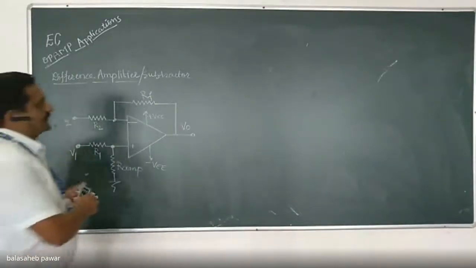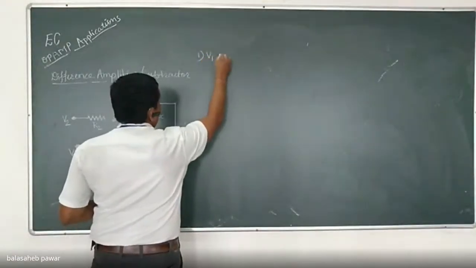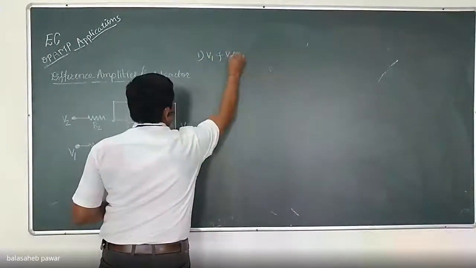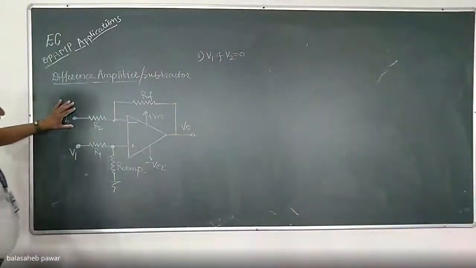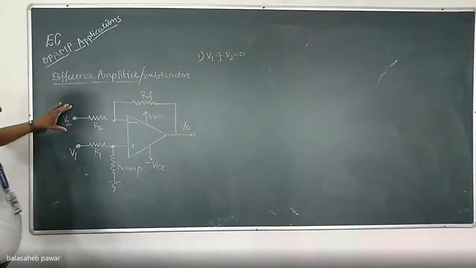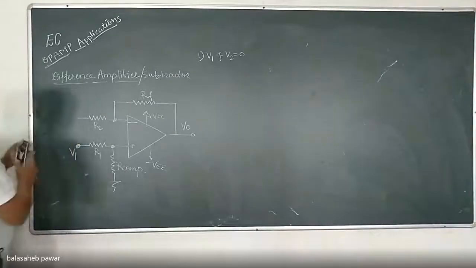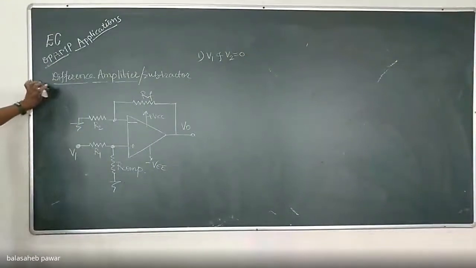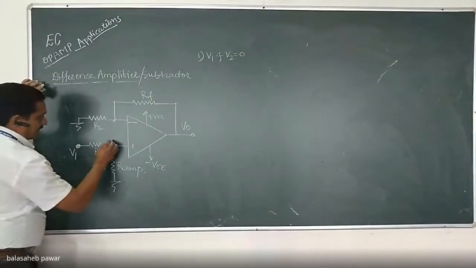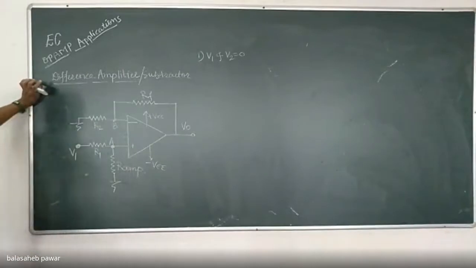So first case, we consider only V1 present and V2 equals 0. That means the terminal where the second voltage source is shown, we have to make it ground. This is our first consideration. So I will simply connect it to ground. I will call this node A and this one node B, as usual.